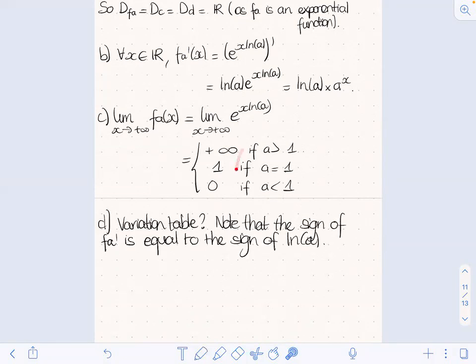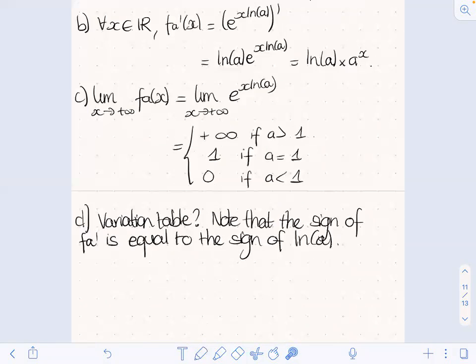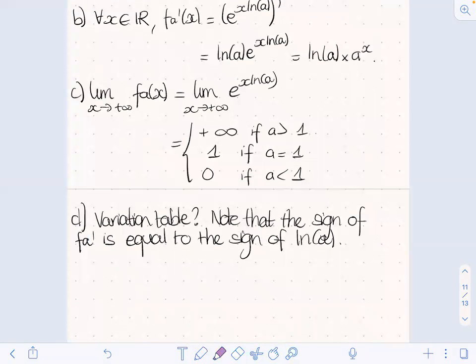Again, here we already gave 3 different cases depending on the values of logarithm of a, and we'll find the 3 different cases below.